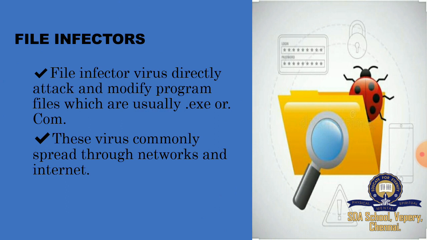This virus commonly spreads through networks and internet. Basically, file infector virus spreads through network and internet. It waits for a trigger to infect the other programs. When it is triggered, it affects the file system.